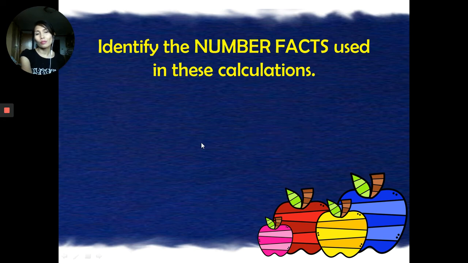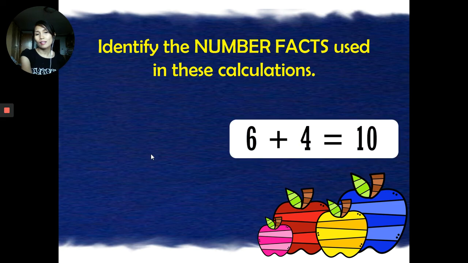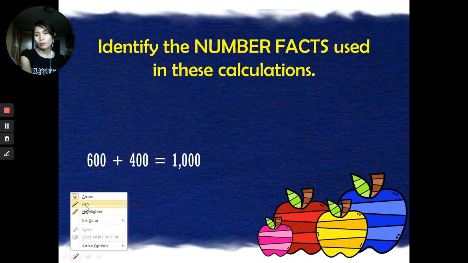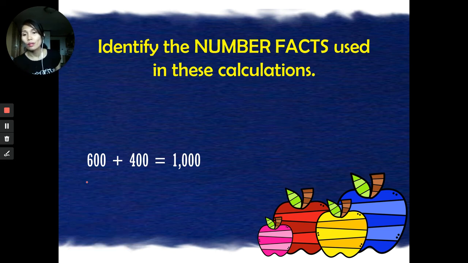Can you identify the number facts being used? It's 6 plus 4. How did you get this? The technique here is you find the numbers with zeros, and you remove the same number of zeros. So here you remove 2 zeros, you remove 2 zeros, you remove 2 zeros.